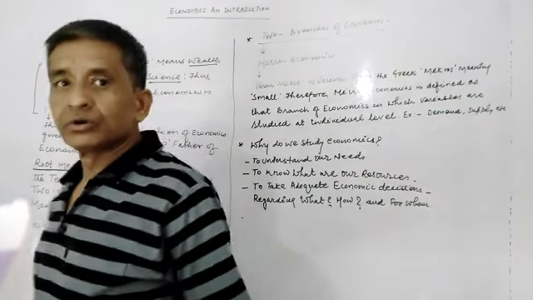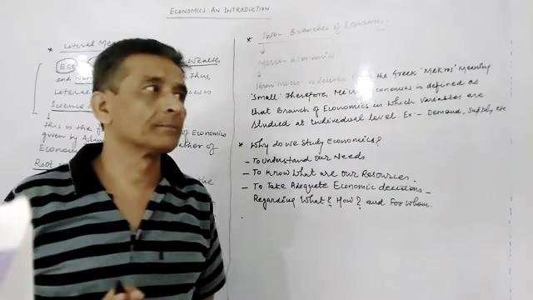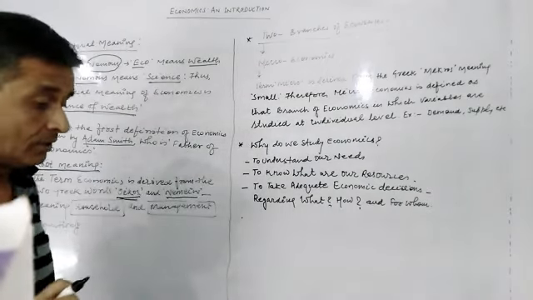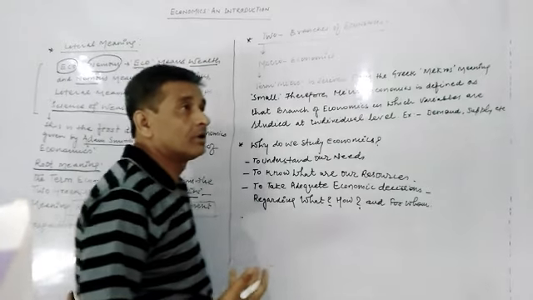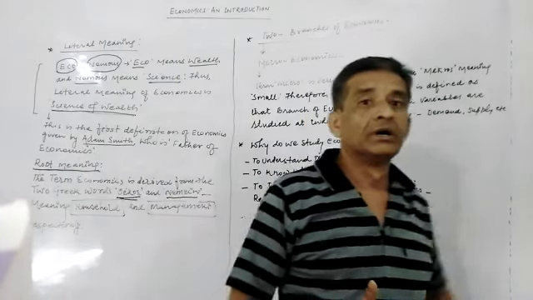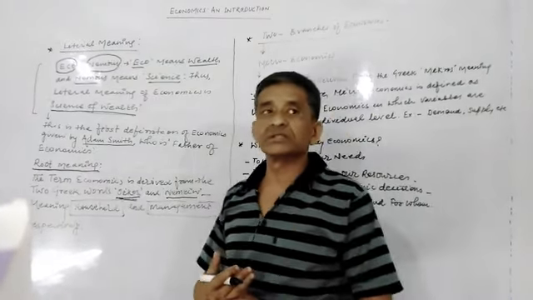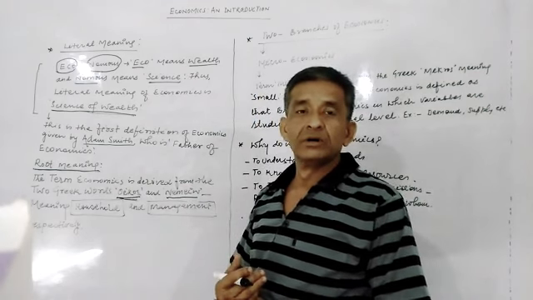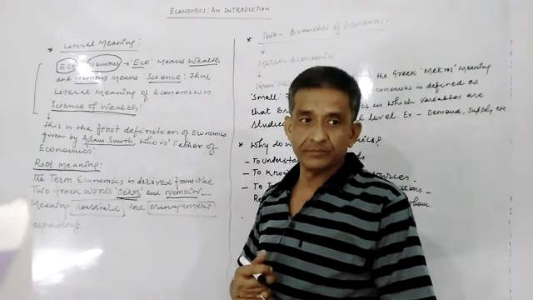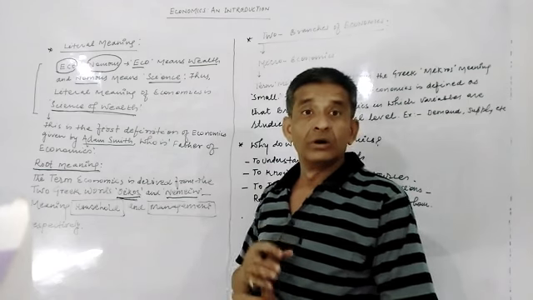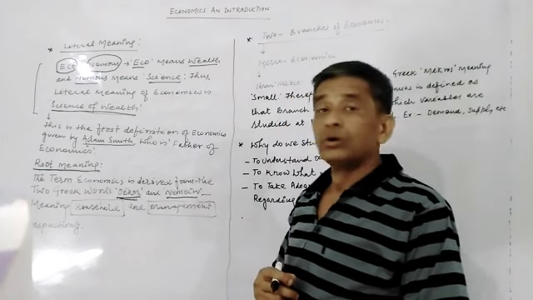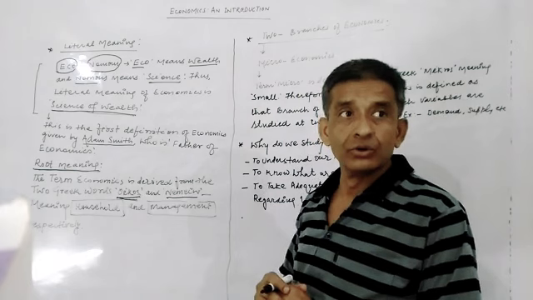Oikos means household and nemein means management. So according to the root meaning of economics, economics is the science of household management.